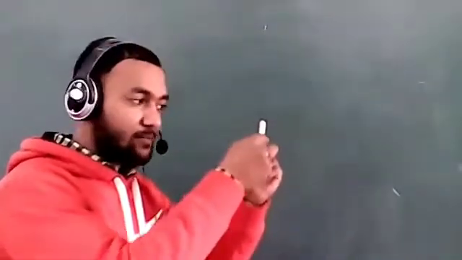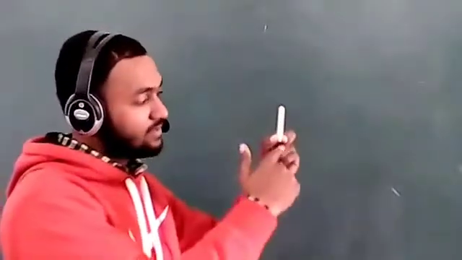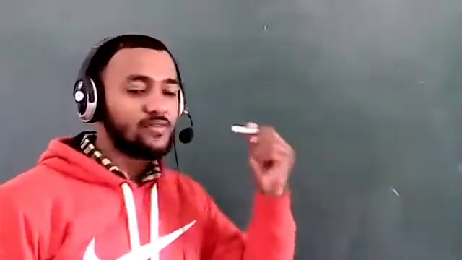Okay, now one more example. This is chalk. Suppose light is falling on this chalk. In the first case the chalk is vertical, and in the second case the chalk is placed like this. So in which case will the size of the shadow be big? Okay, Harshit Kaushal. Yes, sir. First case, the vertical case.